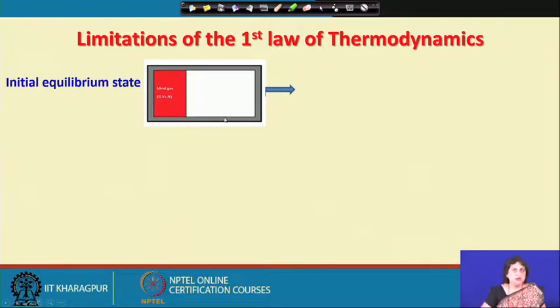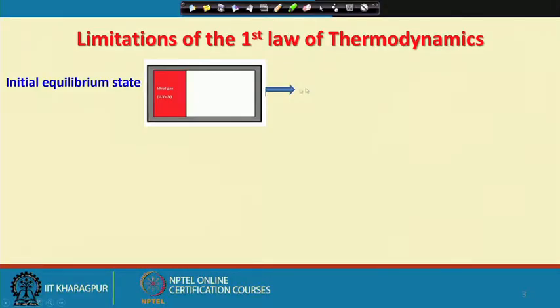In the initial equilibrium state, as we have seen before, the right hand side compartment is highly evacuated and the left hand side compartment is filled with an ideal gas. We have prepared the system like that, and if we do not disturb the system, it remains in this state.